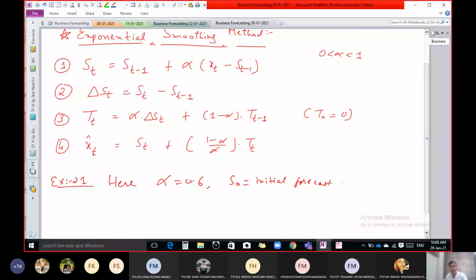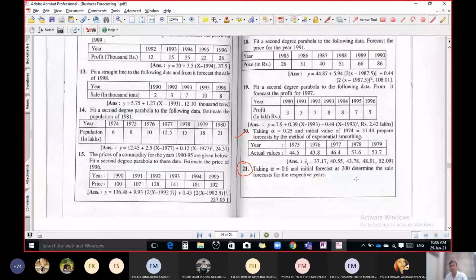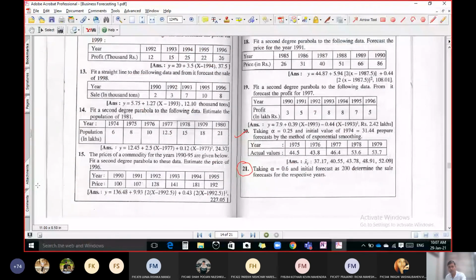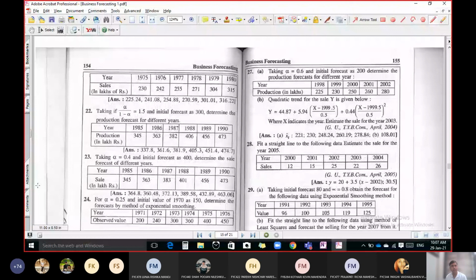So the values of alpha and S0 are always available in the question. The other information is that we have the year and sales data for 1975 to 80.